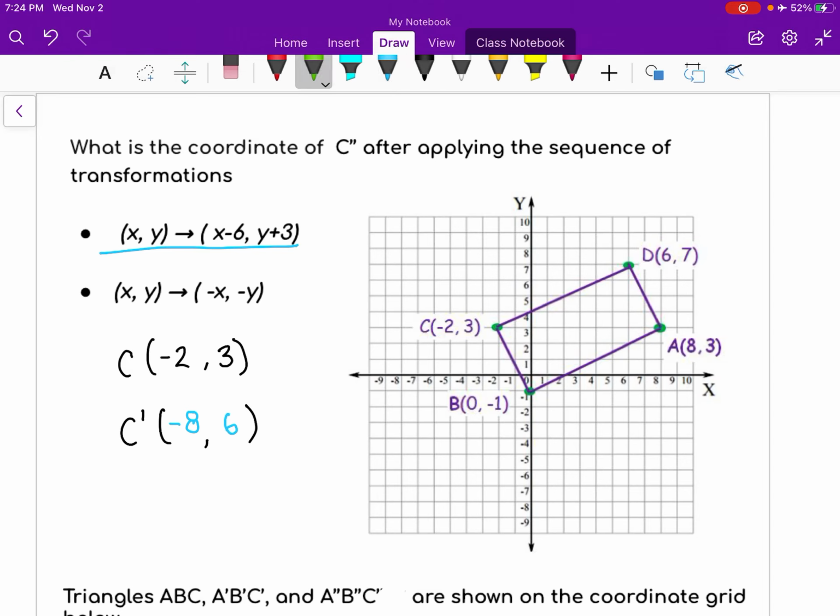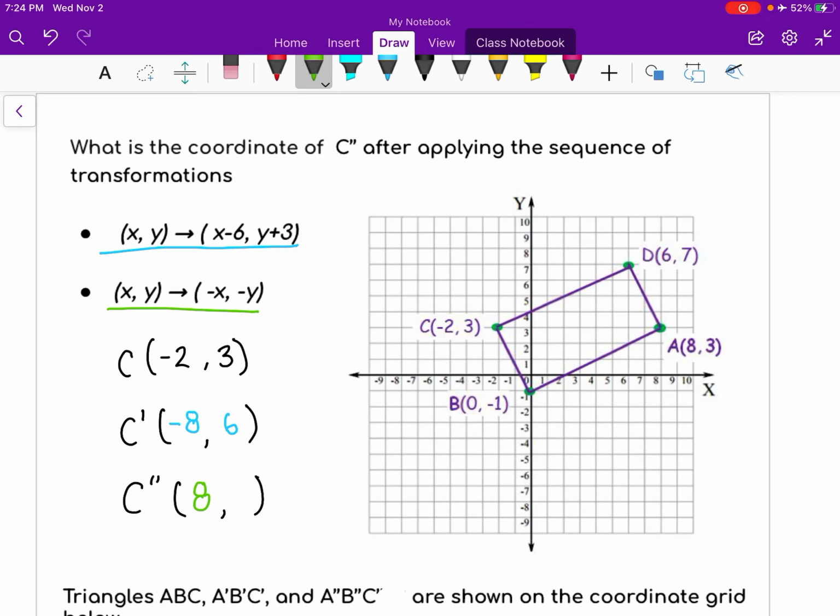Now we're going to apply the second transformation to obtain C double prime. This second transformation just tells us that we're taking both the x and the y coordinate, and multiplying each of those by -1. So -8 times -1 is +8, because a negative times a negative is a positive.